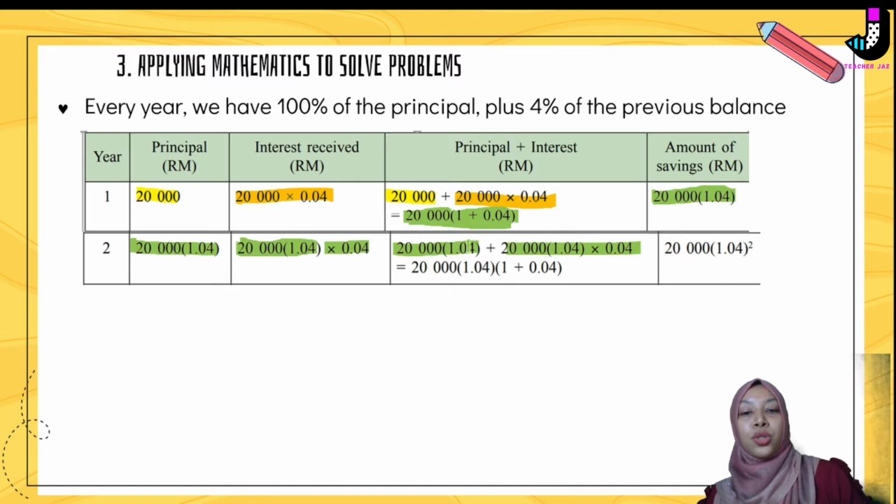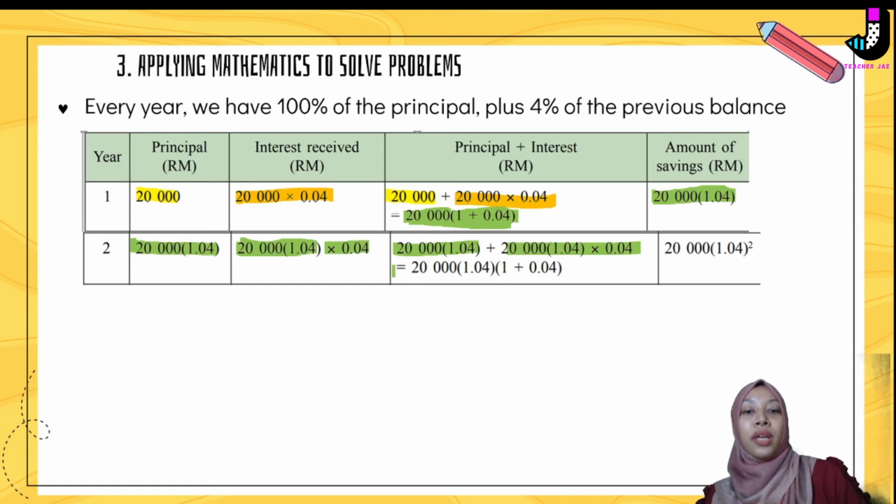As usual, when you see addition like this and it can be factorized, you will factorize it out. Here we have that 20,000 and 1.04 in both, so you bring it out.